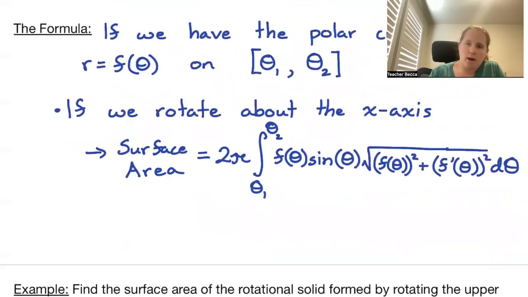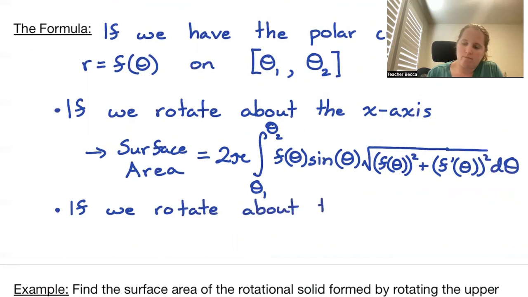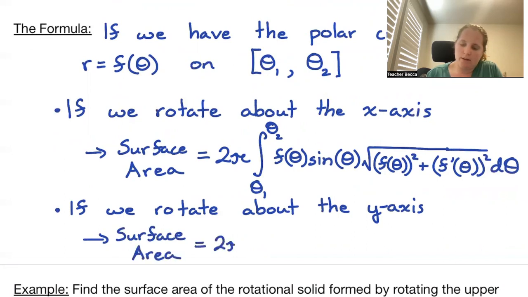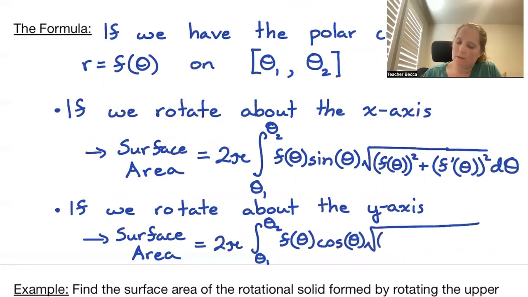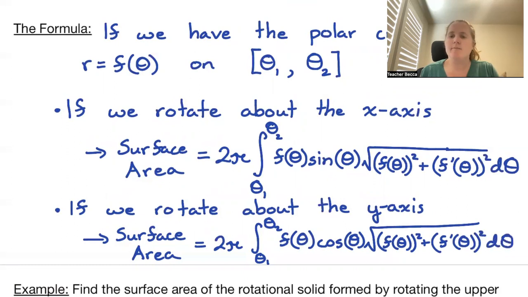And if we rotate about the y-axis, we have that surface area is 2 pi times the definite integral from theta 1 to theta 2 of f of theta times cosine of theta times the square root of f of theta squared plus f prime of theta squared d theta.